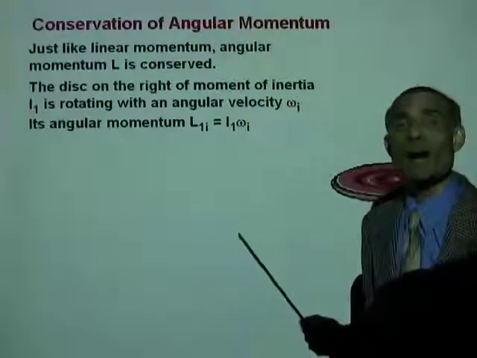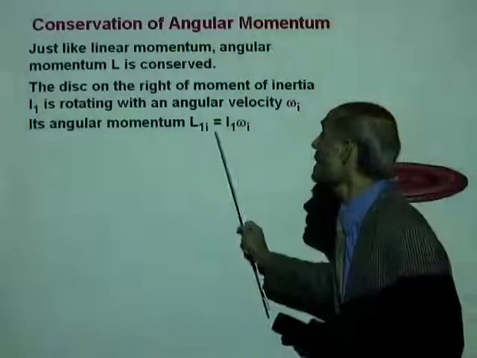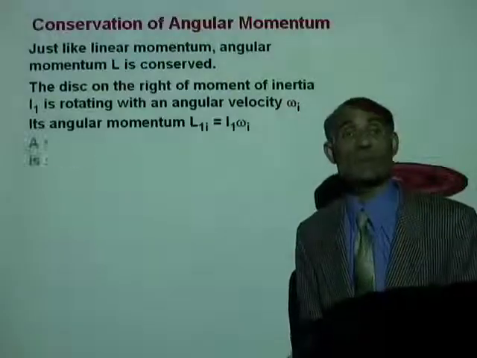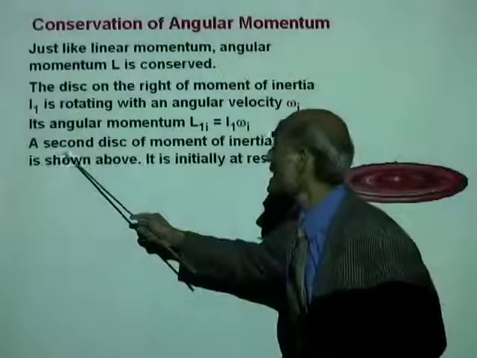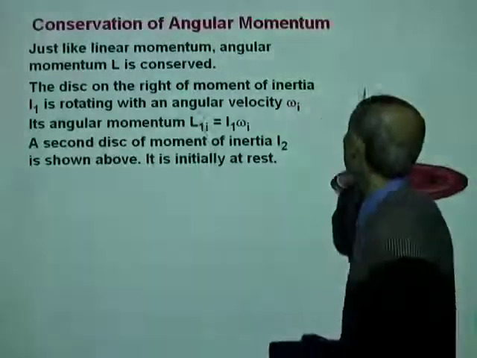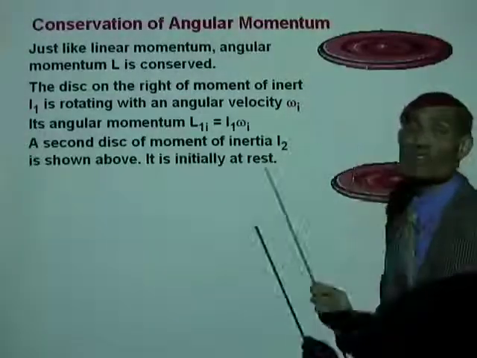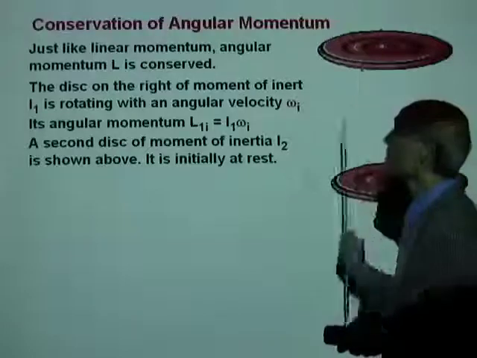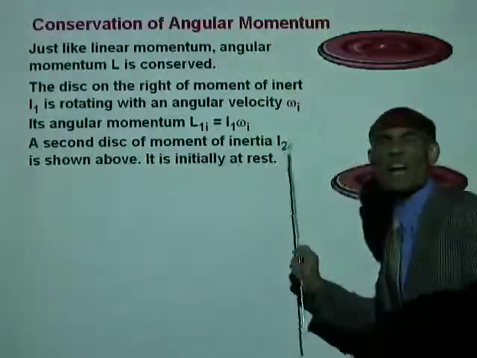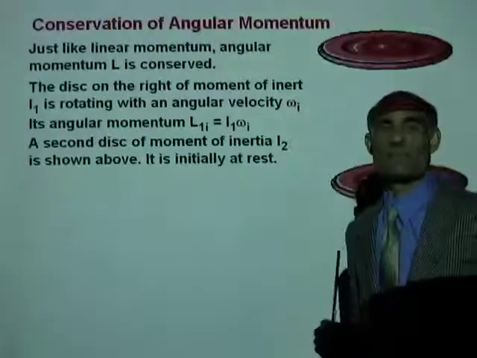L equal to I omega. L1I equal to I1 omega I. A second disk of moment of inertia I2 is shown above. Here it is. Now this has a moment of inertia I2 and it is initially at rest.